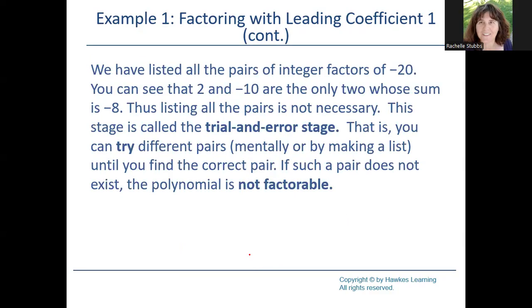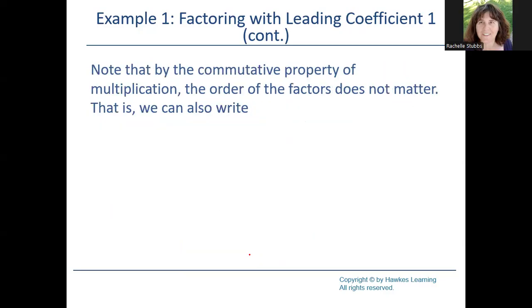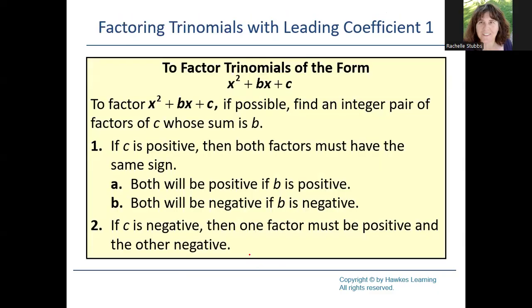You could try trial and error, and that's okay, but it's best to make a chart or at least know where you're headed. So they figured out it was y plus 2, y minus 10. It doesn't matter if we write y plus 2 times y minus 10 or y minus 10 times y plus 2. It's the same as saying, is it 3 times 4 or 4 times 3? They both yield the same answer, which is 12.